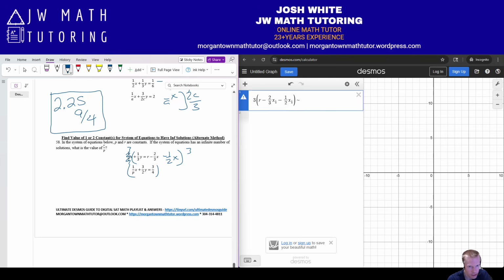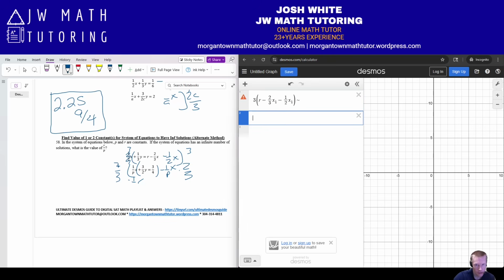All right, and then for the bottom one, let's see, I need to minus 1 over px, okay, so that's gone, and then multiply by 2/3. So we've got 2/3, and then times 3/4 minus 1 over p x1.